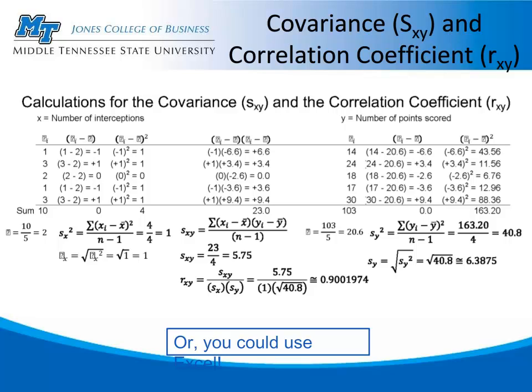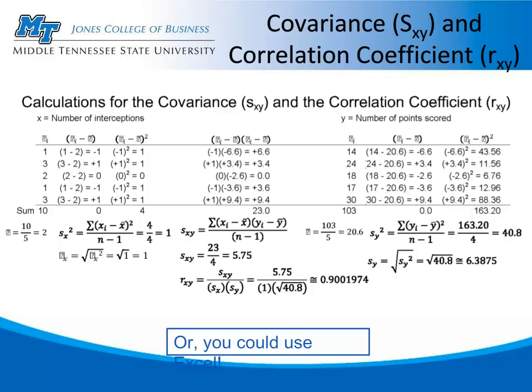So for the number of interceptions, the x variable, it turns out to be 4, and there are 5 pairs of xy values. So n minus 1 is going to be 4. So the variance turns out to be 1, which is really nice, because the standard deviation will be the same thing. It's just the square root of that.